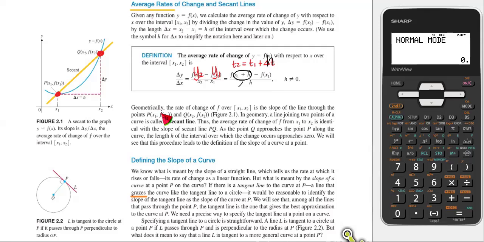Now the next one that comes, we're talking about defining the slope of a curve. What is the slope of a curve? We're talking about the gradient of a tangent. This is the instantaneous one. It is the gradient of a tangent at 1 point, the one we spoke about, instantaneous.